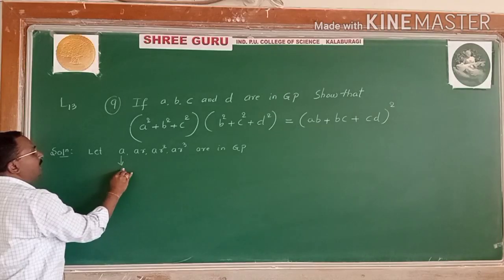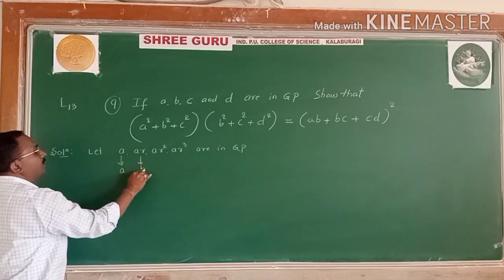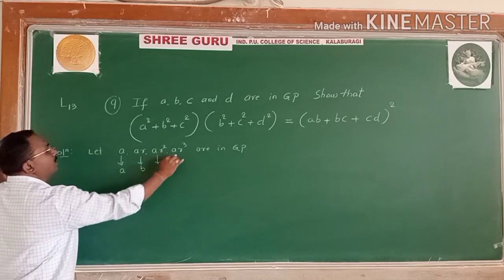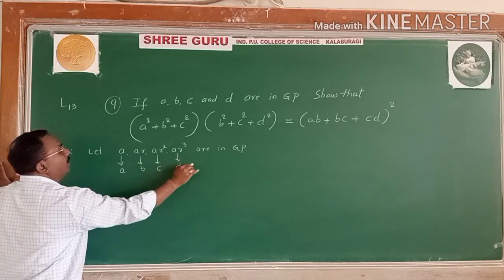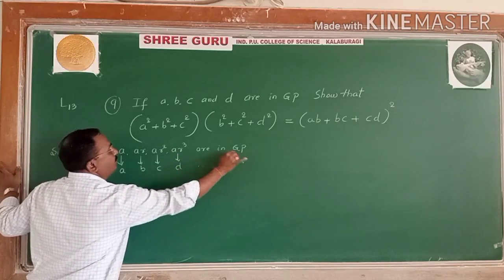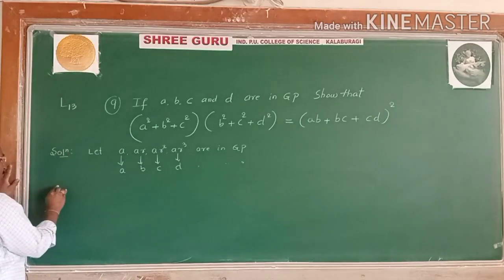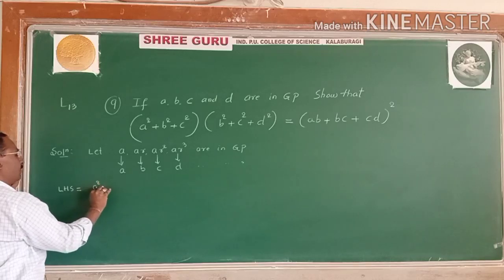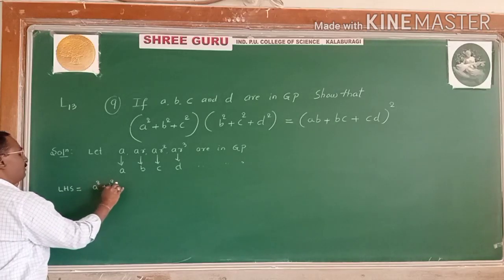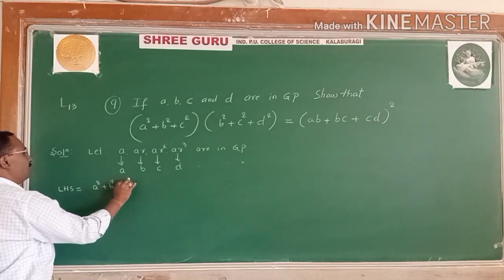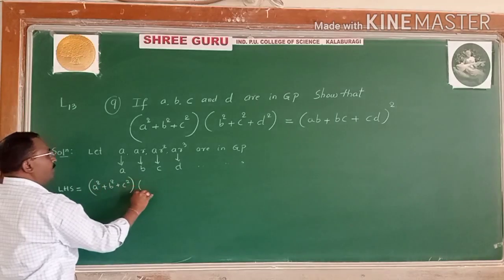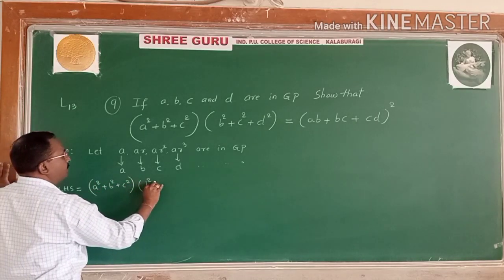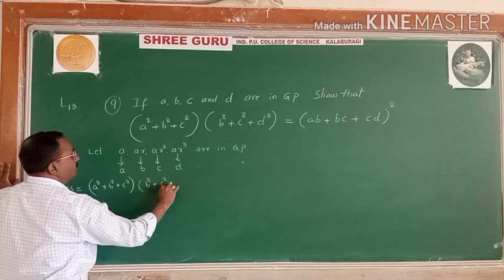This is treated as a, this is b, this is c, this is d, are in GP. Now LHS is equal to a square plus b square plus c square into b square plus c square plus d square.